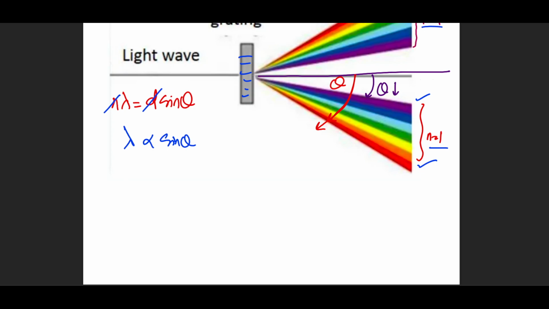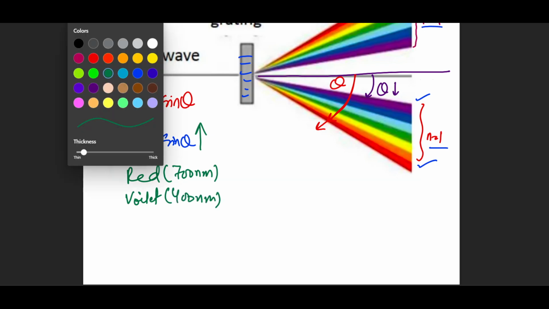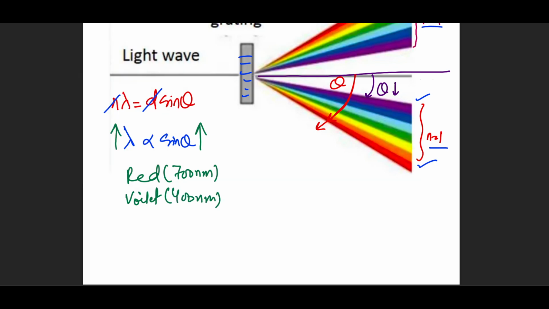We understand that red, for example, has a wavelength of 700 nanometers. So when lambda increases, the angle also increases. And violet or blue has a wavelength of 400 nanometers, right? So when the wavelength decreases, the angle also decreases. So smaller lambda, smaller angle.